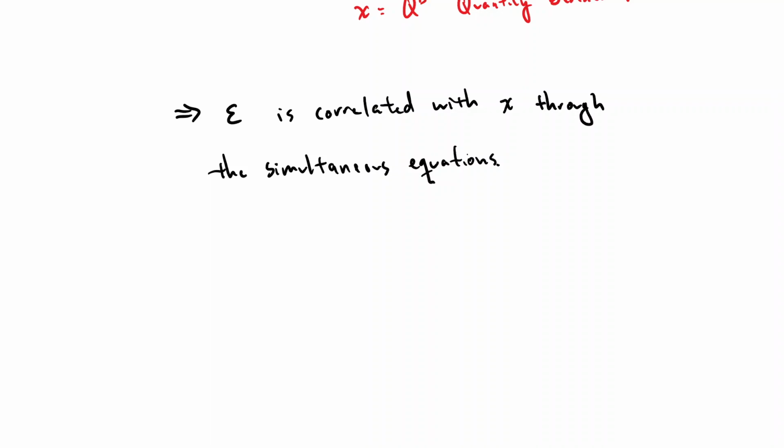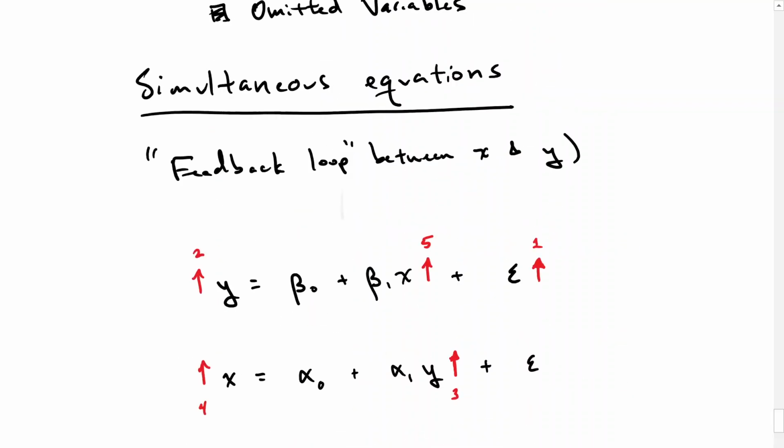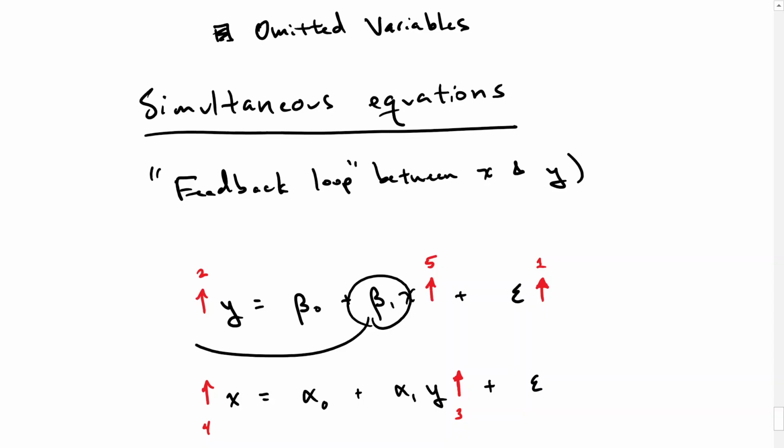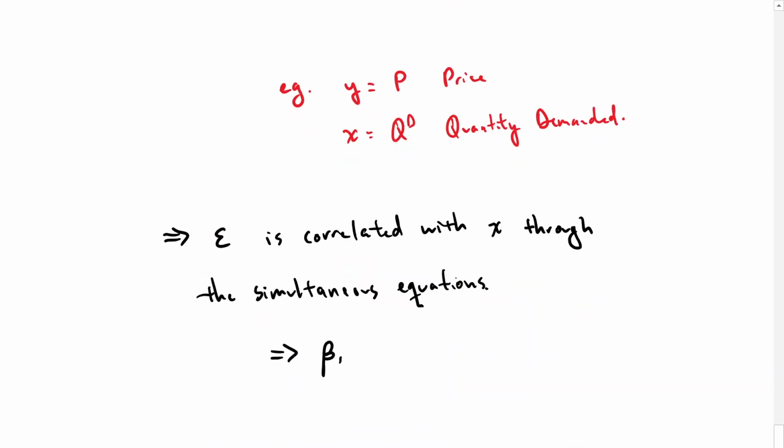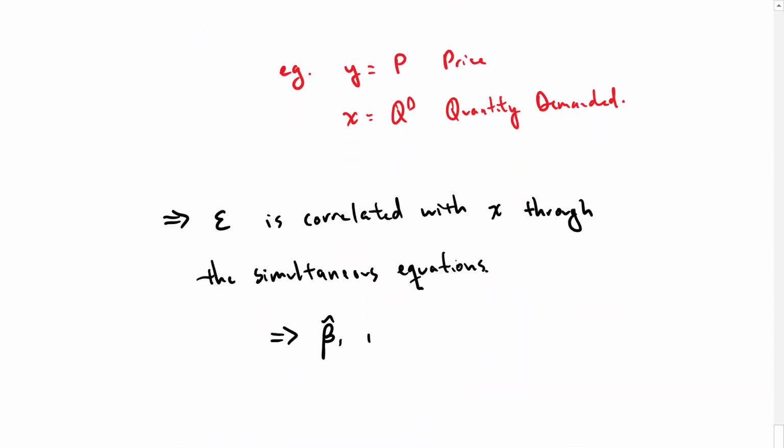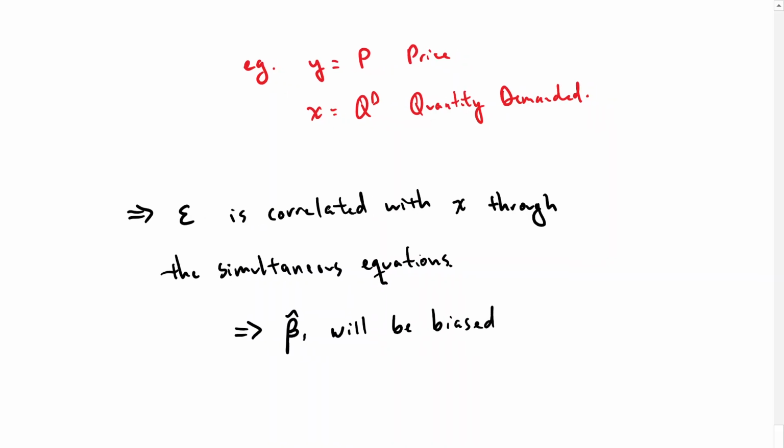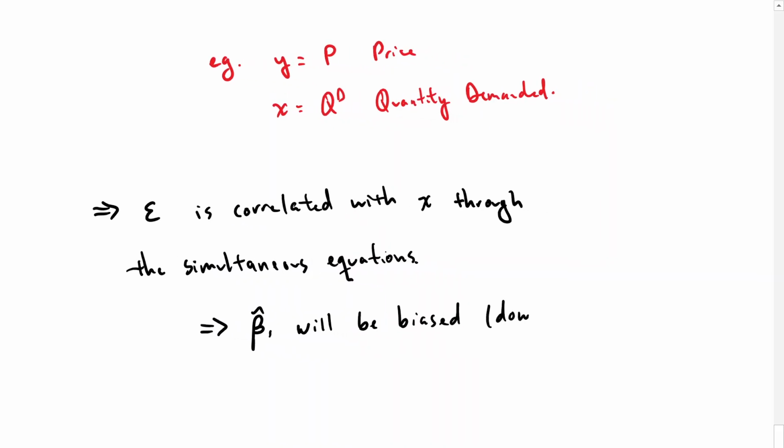And so what's that going to do? That's going to mean that beta 1, the effect of x on y, the estimate of beta 1 will be biased. And in this case, downward.